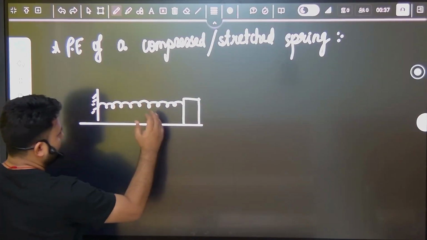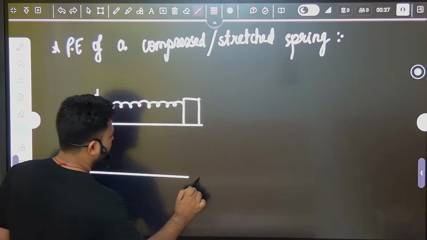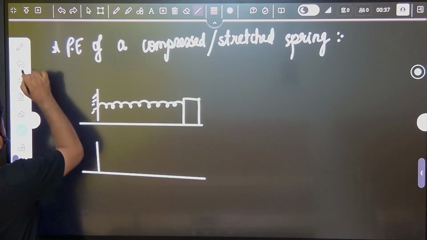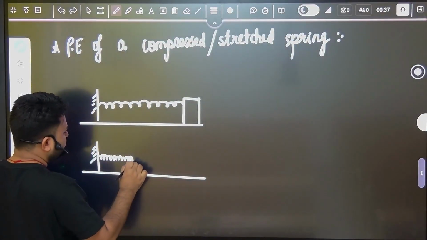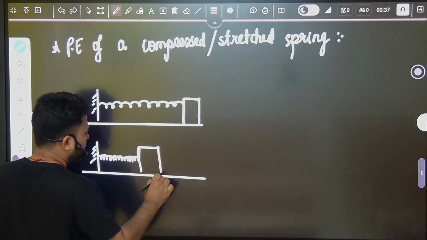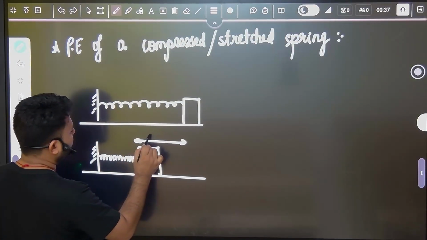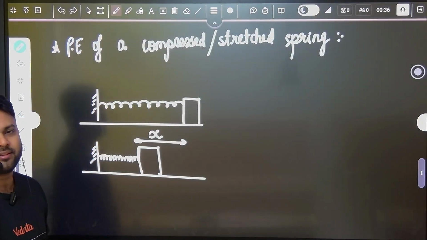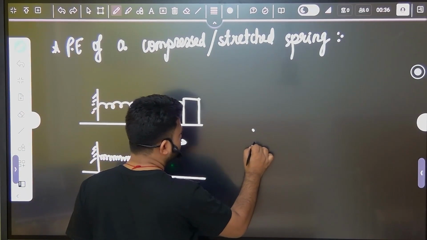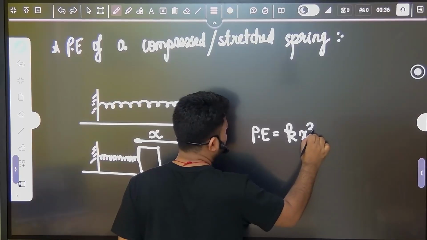Now if we compress or if we elongate, whatever, let me draw the diagram. Suppose I compress the spring and it becomes like this. So how much distance have we compressed? You can see this much distance we have compressed. This I am calling x. So if you have compressed the spring by x, the potential energy stored in the spring will be kx square by 2.